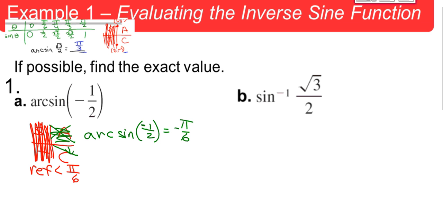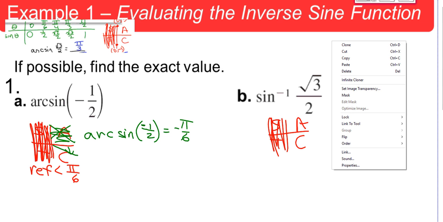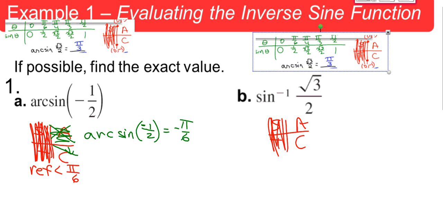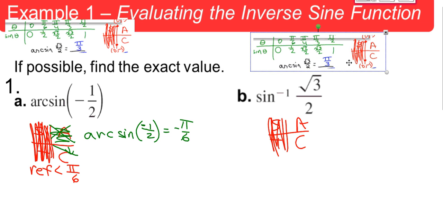Okay, so let me just go through this one, and next time I will try to pause it. All students take calculus. We know it's the arc sine or the inverse sine, so we're not using those two quadrants. We know that the ratio from our table of values is the square root of 3 over 2.